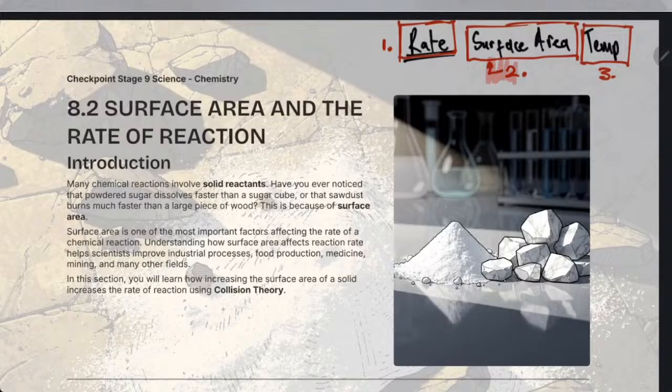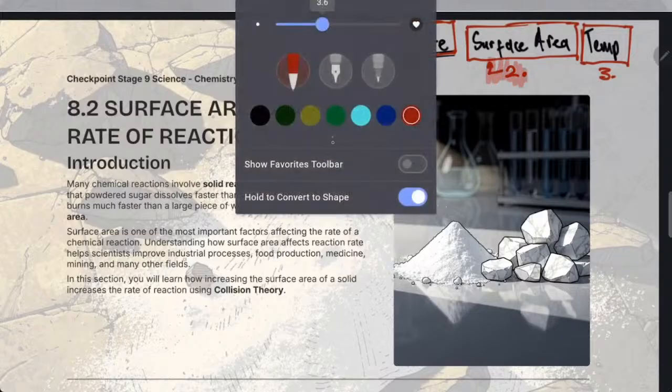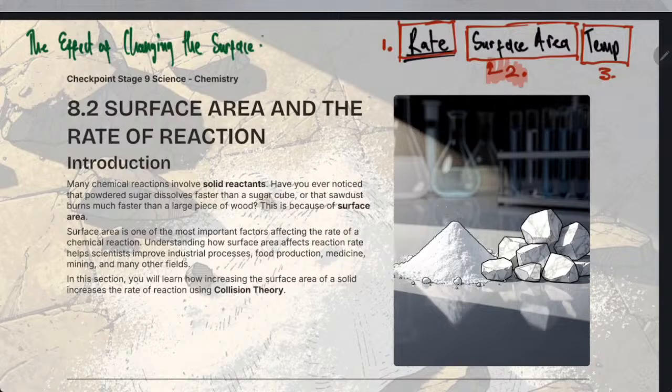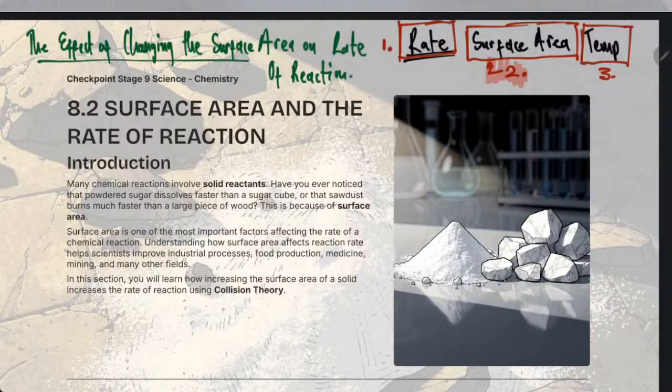Today we did the second part of chapter 8 in chemistry, which is the effect of changing the surface area on rate of reaction. Are we together? The effect of changing the surface area on the rate of reaction. Okay?